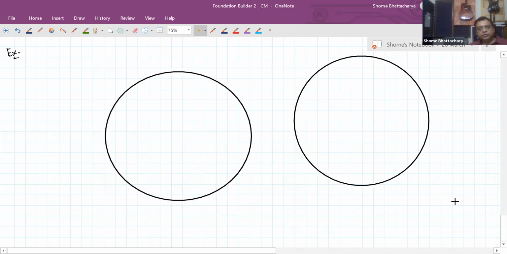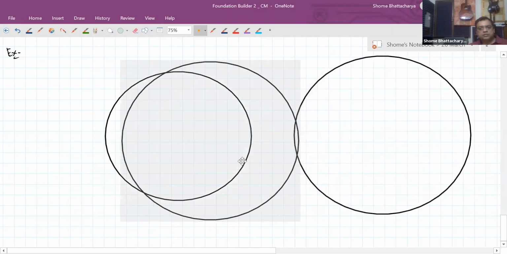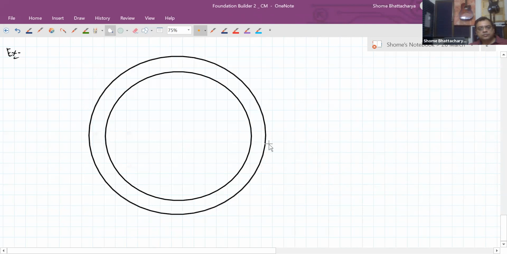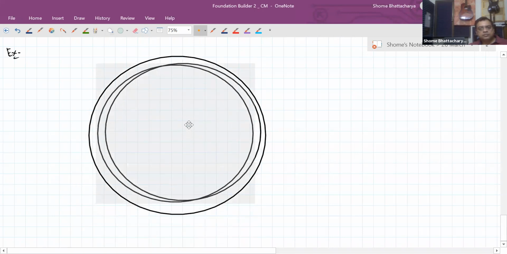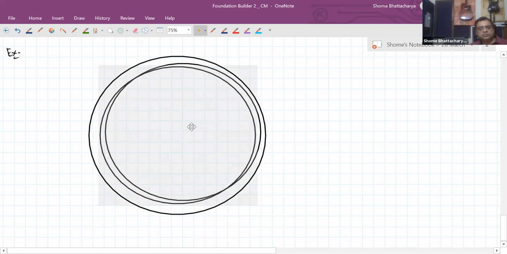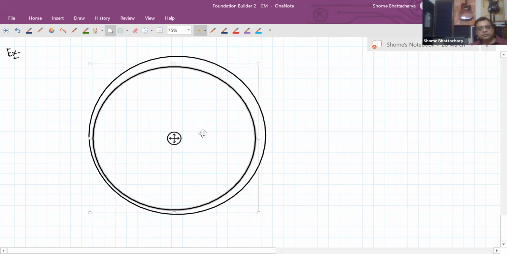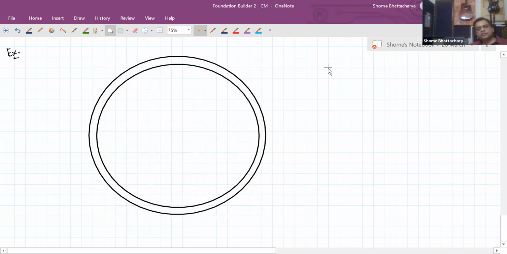a kind of a tube. Yeah, so we have this kind of a tube.